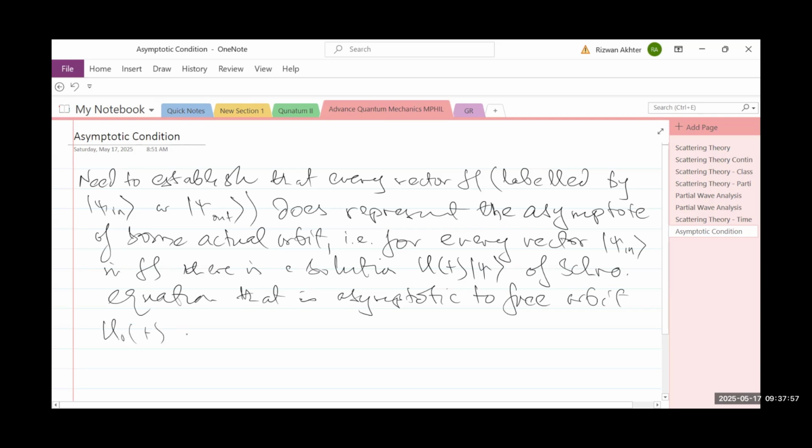Rather than U of t, we write it as U naught of t acting on psi in, as t tends to minus infinity.